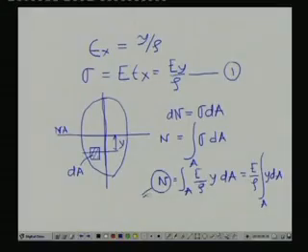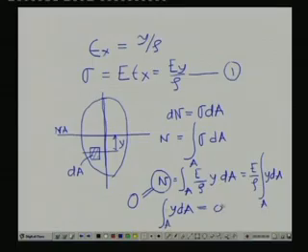The value of the normal force acting onto this cross section is precisely equal to 0, because there is no normal force acting onto the cross section; it was pure bending. So, if the normal force is 0, then from this expression, since E and rho cannot be equal to 0, the integral of y dA over A must be equal to 0.